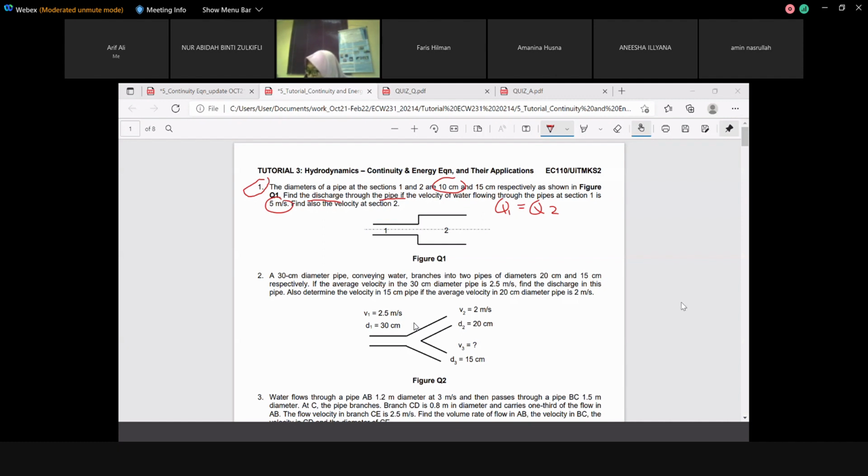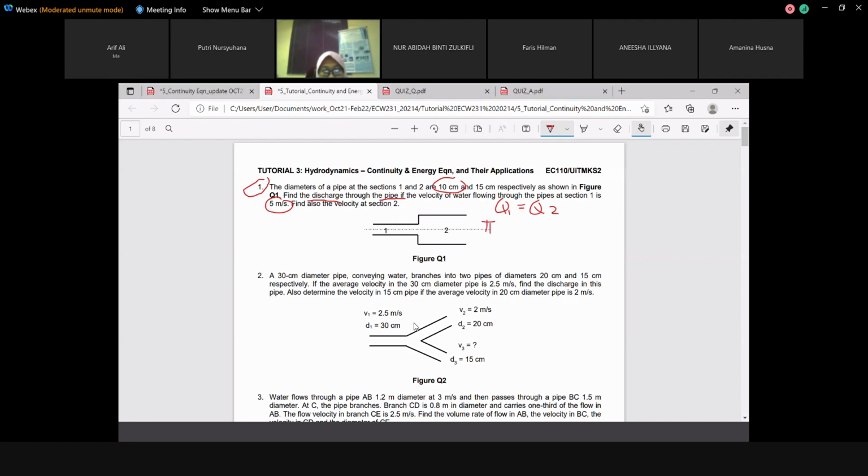Putri ada? Ada doktor. Dapat tak Putri? Macam nak kira Q ni? Buat PAV1 equal to PAV2. So berapa Q? Q1 ni boleh kira lah.